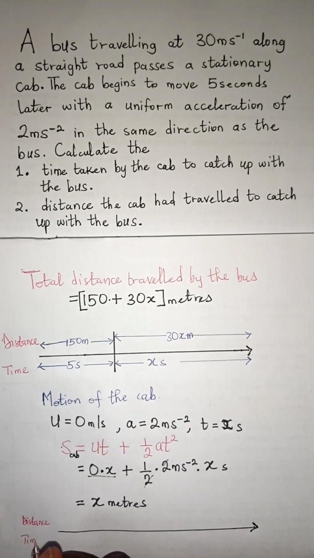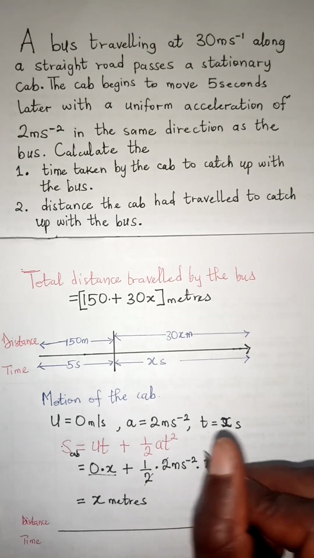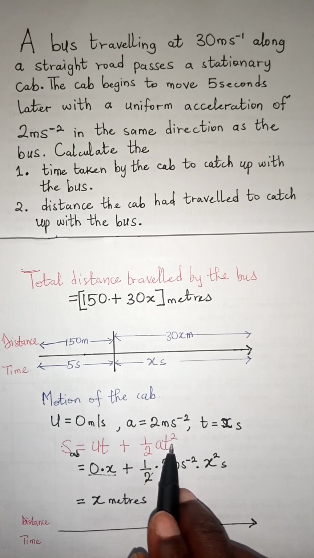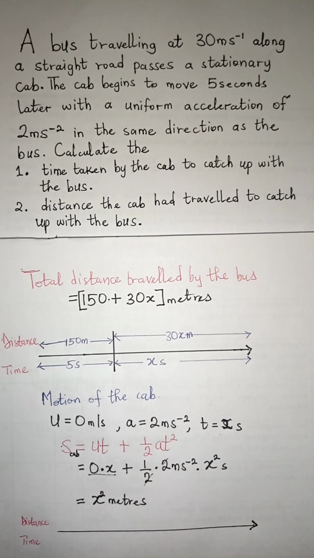Then in terms of the timing, oh sorry, there is a mix-up here. It's supposed to be x squared, time squared. So the distance covered is x squared meters, while the time taken is x seconds.